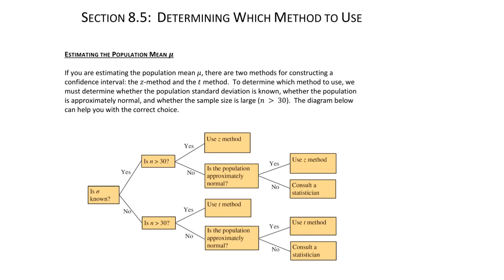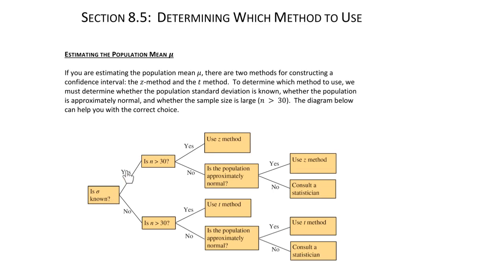If you are estimating population mean, mu, there are two methods for constructing the confidence interval. One is the Z method, other one is the T method. To determine which method to use, we must determine whether the population standard deviation is known or not.